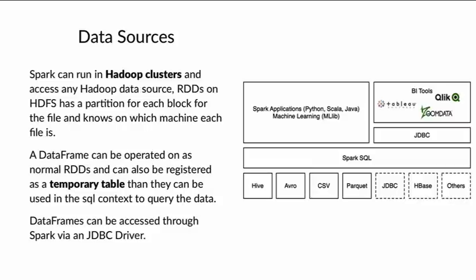Besides talking through Python or Java or Scala to the Spark SQL interface, Spark SQL also provides a JDBC driver, so you can connect through any JDBC application to your Spark SQL data sources. So you can add business analysis tools to Spark or use it from other languages that are not natively supported by Spark.